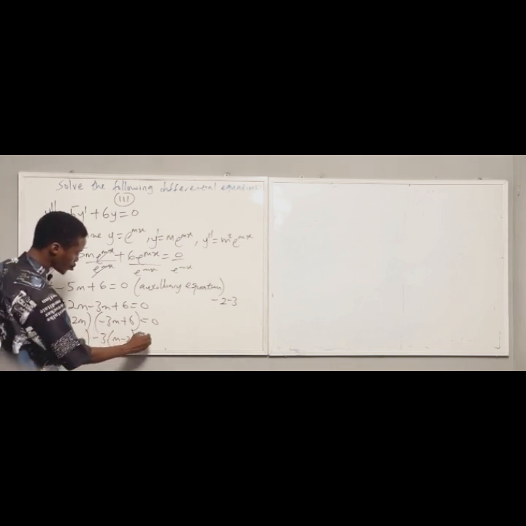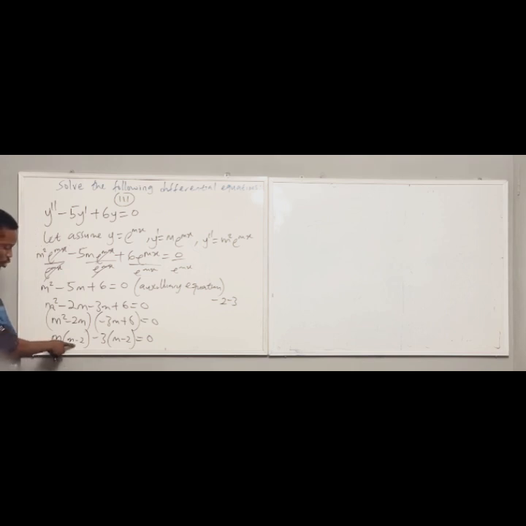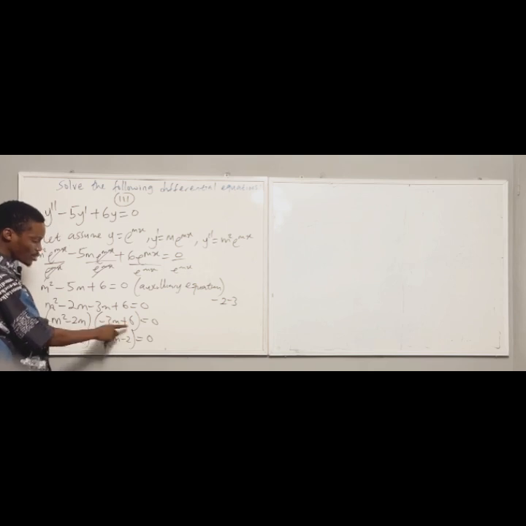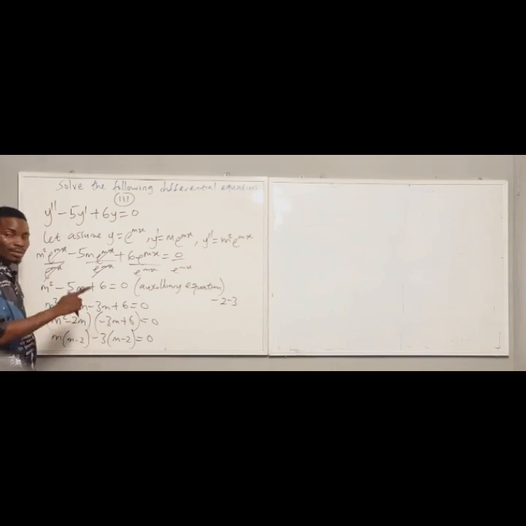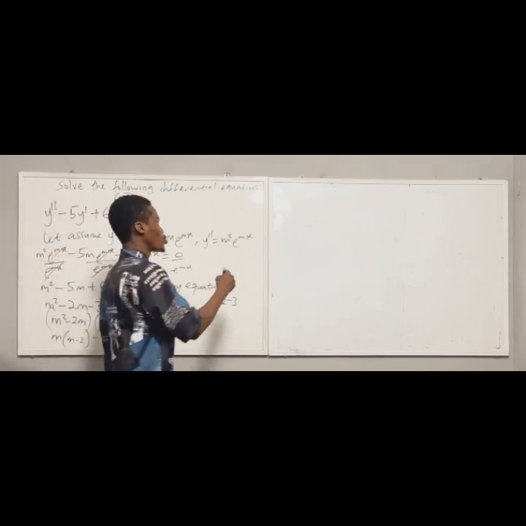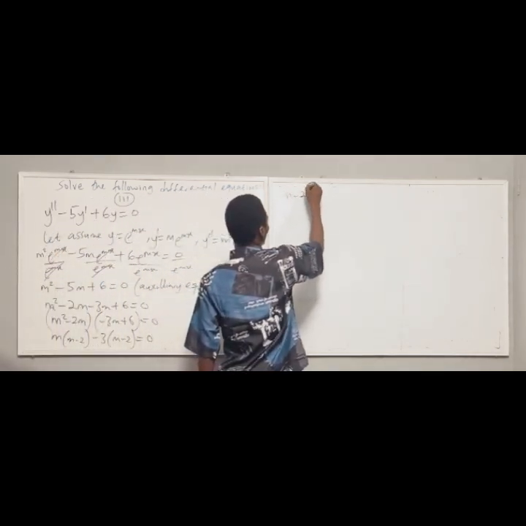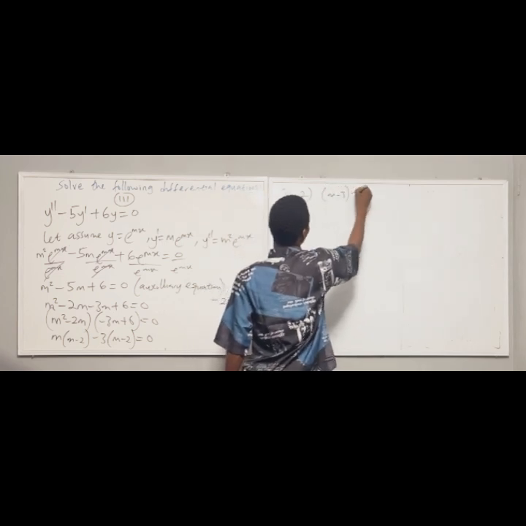So m minus 2 times m minus 3 is equal to 0. Checking: m times m minus 2 gives m squared minus 2m, and minus 3 times m minus 2 gives minus 3m plus 6, since minus times minus is plus. Since the bracket is the same, I take it once and take the second one.